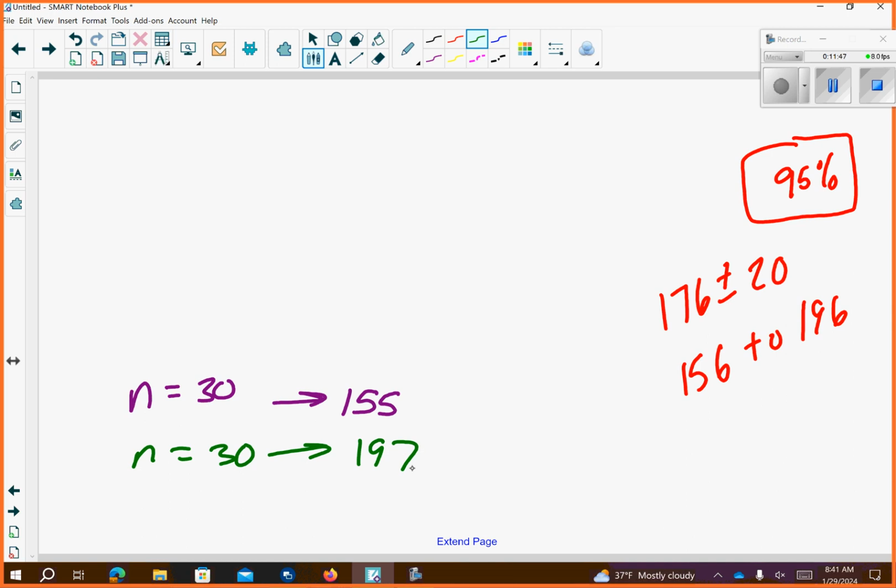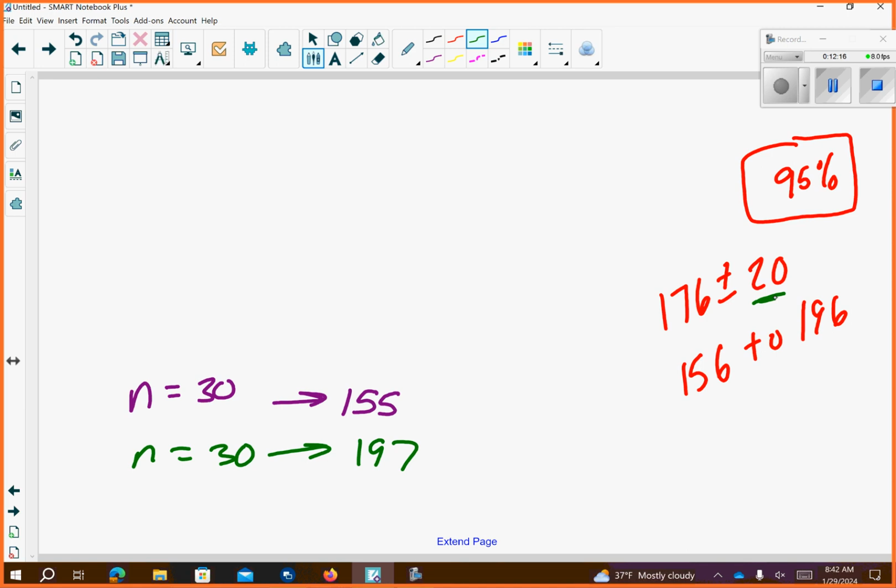Did we make an error in it? No, that's part of our 5% that we are uncertain about. Okay? So it is possible those things could take place. Now, the bigger and bigger this plus or minus number would be, the more confident I start becoming that I will land within that parameter.